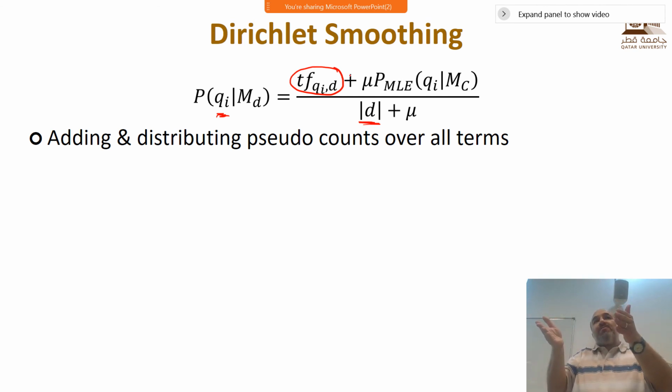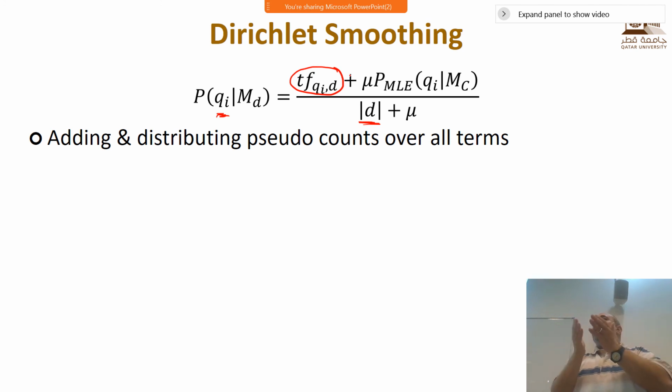Now these 1,000 terms, they are not exactly 1,000 terms, but they are 1,000 counts, 1,000 observations. Okay? But actually when we distribute them, we distribute even portions of them. So one term can get 0.5 and the other will get 0.3. Right? Because we will distribute them among the entire vocabulary set, not just 1,000 terms.